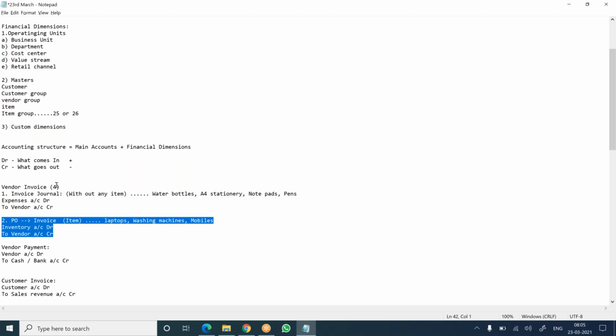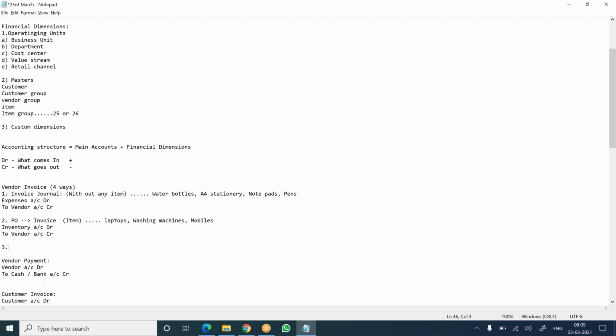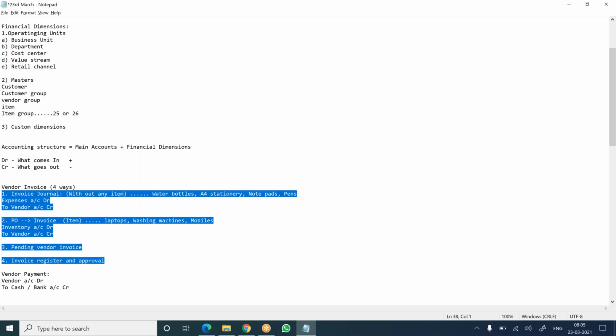So there are 4 different ways. Two more ways are available in the system. The third one is pending vendor invoice. The fourth one is invoice register and approval journal. In different scenarios, you use them differently, so I need to explain them one by one.